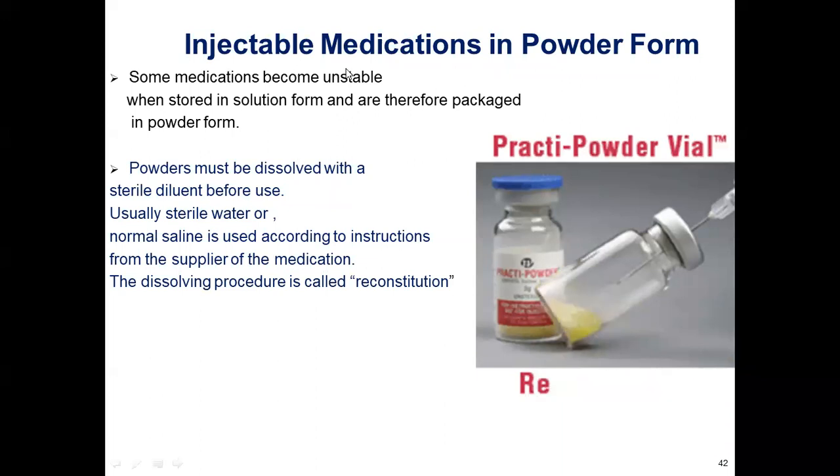Injectable medication: whatever the different kind of route, like subcutaneous, intradermal, or intramuscular, we need to put the medication. Some medication comes in powder form and we need to dilute it. Some medication is in an ampoule as a liquid.